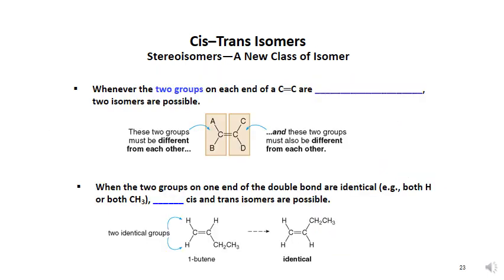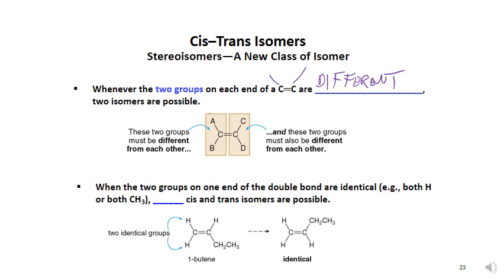So whenever there are two groups on each end of a carbon-carbon double bond, whenever they are different, the two different groups on each end, then two isomers are possible.